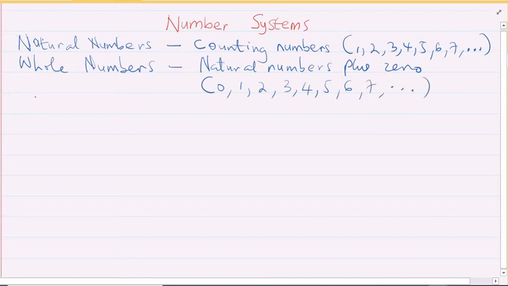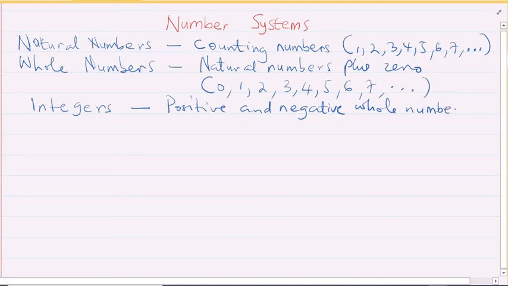Next I have is integers. Integers are positive and negative whole numbers. Positive and negative what? Whole numbers.